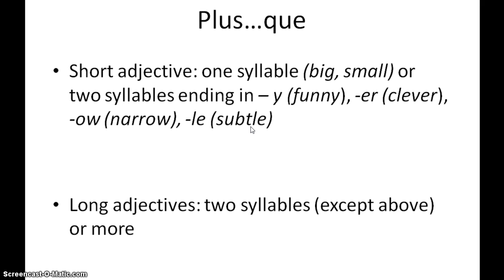So whenever you come across adjectives which are two syllables, you have to think a little bit. A long adjective is two syllables, except everything I said above, or more. And that's quite straightforward.